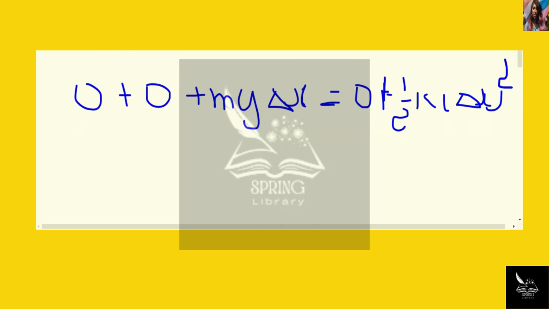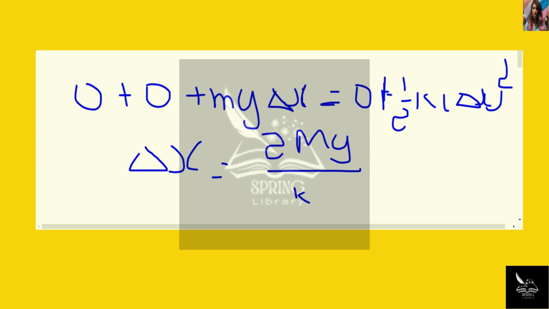Now simplifying further and writing the whole formula in the form of delta x, we will get 2mg over k. Here instead of small m we have changed it to capital M, as we know the mass is M.